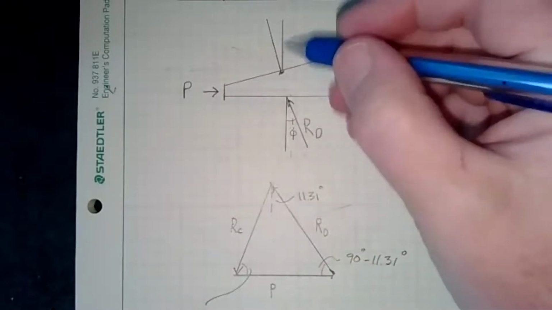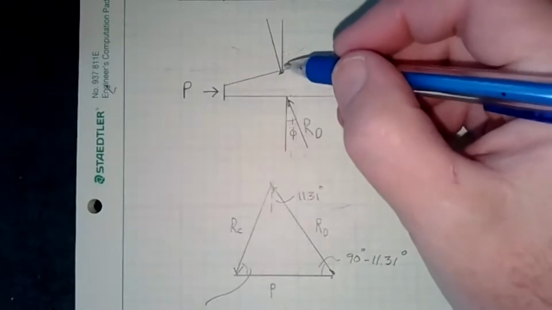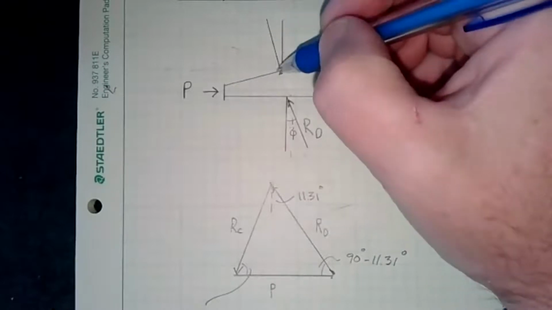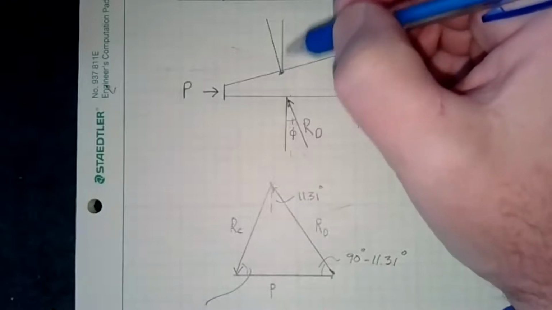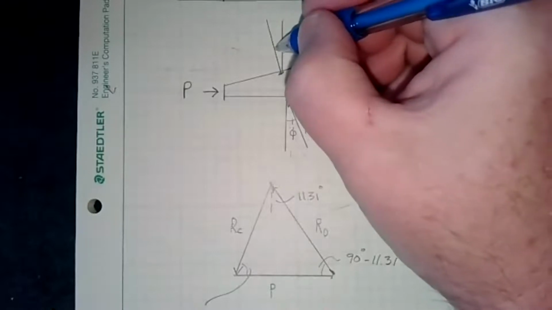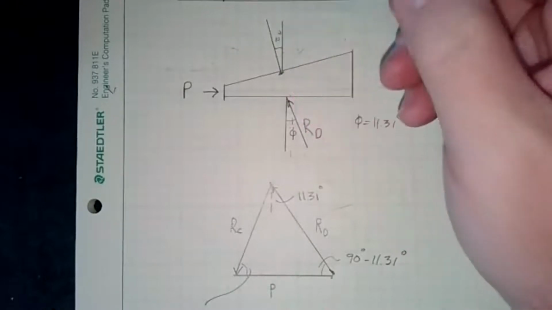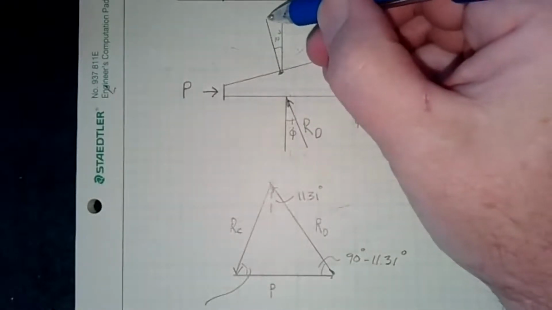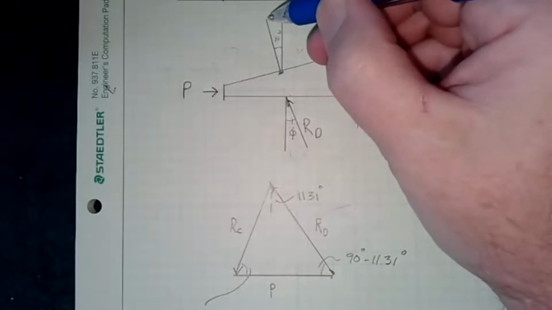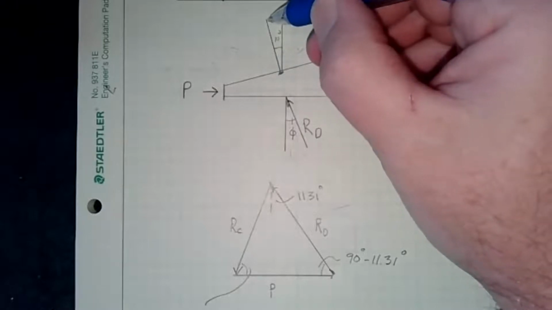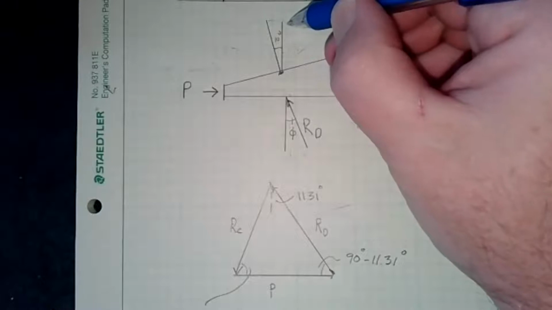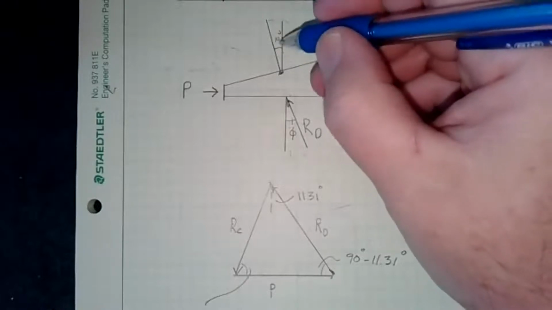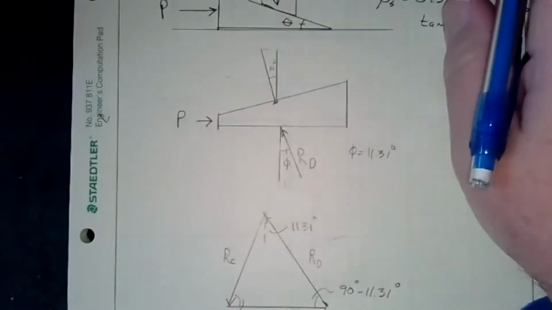Now what's interesting about this side is RC. I haven't drawn it in here. What I did is I drew the normal to the wedge and the straight up and down line. So we know that's 10 degrees. Now remember that we measure our friction force from the normal to the wedge. So we actually measure from here. We go out only 11.31, but we're already 10 degrees going that way.